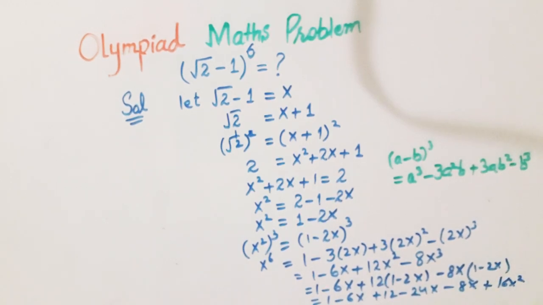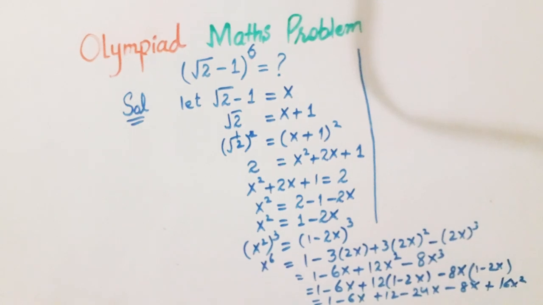Now we will solve this further. So we write 1 minus 6x, 6x plus 24x will be 30x, and minus 8x is 38x, and 12 plus 1 is 13.